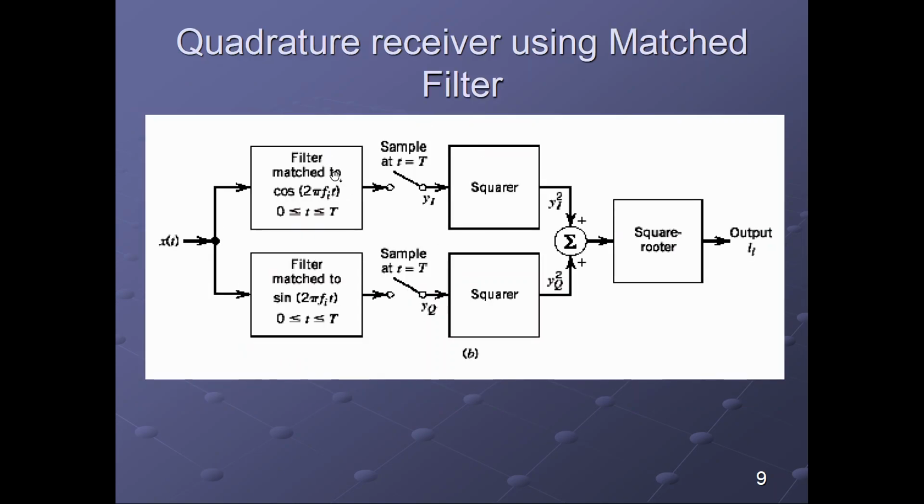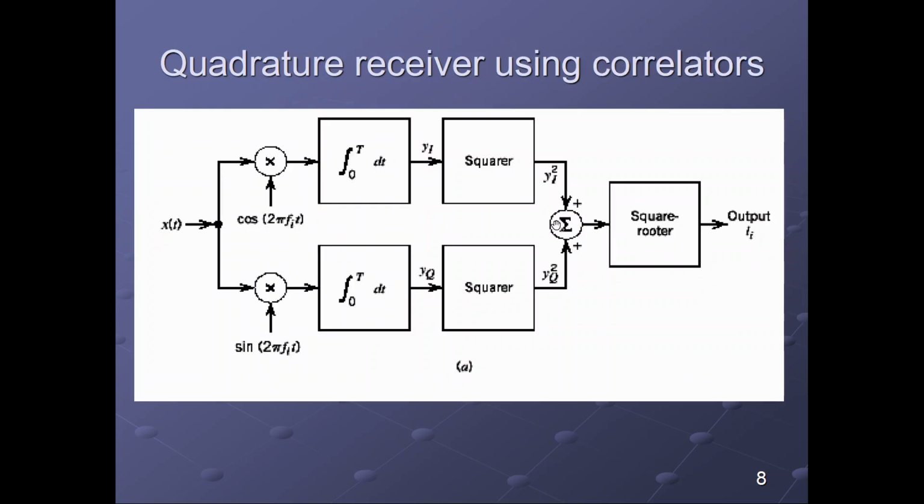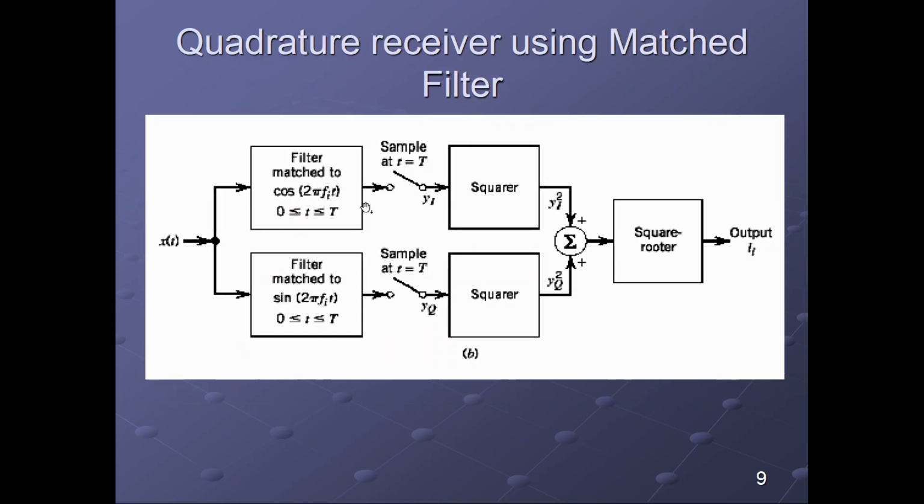This filter is matched to the basis function, cosine 2 pi f_i t, over the duration from 0 to T, and the same for the other branch. The other steps are exactly similar to the previous steps in the case of the correlator. Clear? Using correlator, you use this. Using matched filter, you use this.